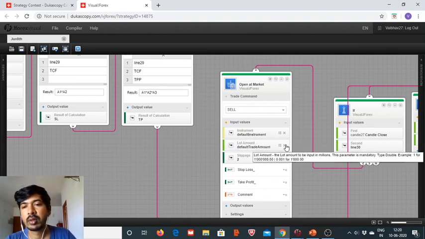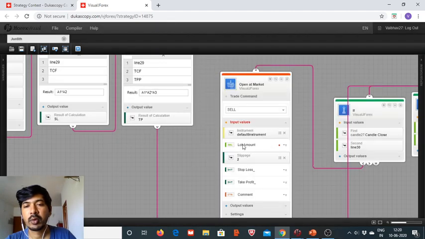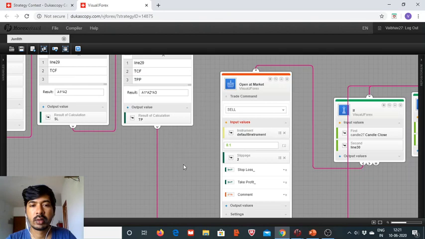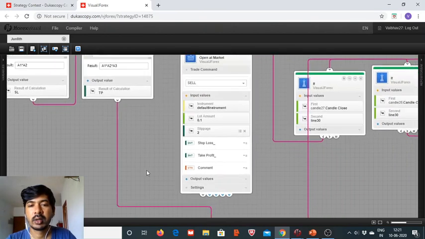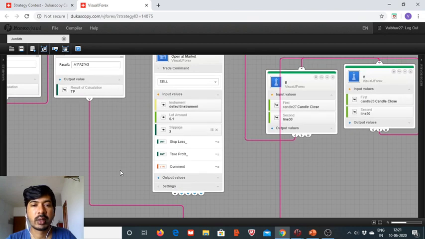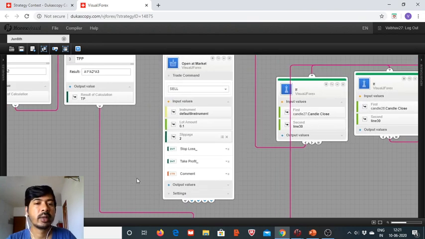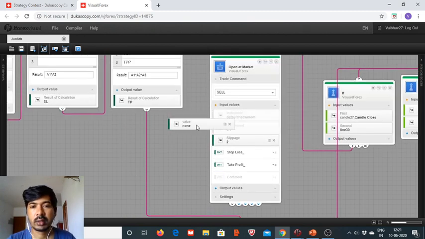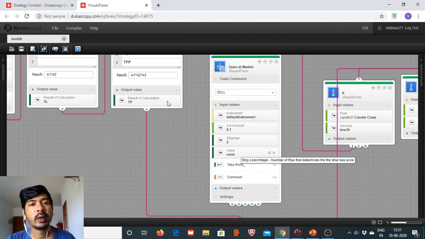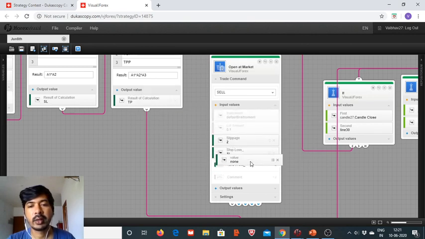Trade amount, we generally go with a trade amount of 0.1, and the instrument remains as it is. Stop loss SL, this is the parameter, and the target price take profit TP.